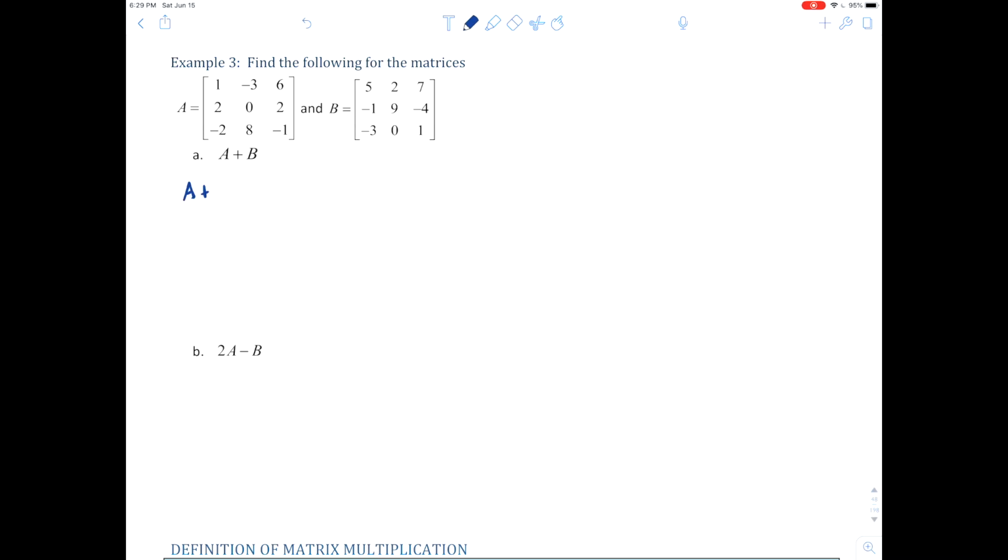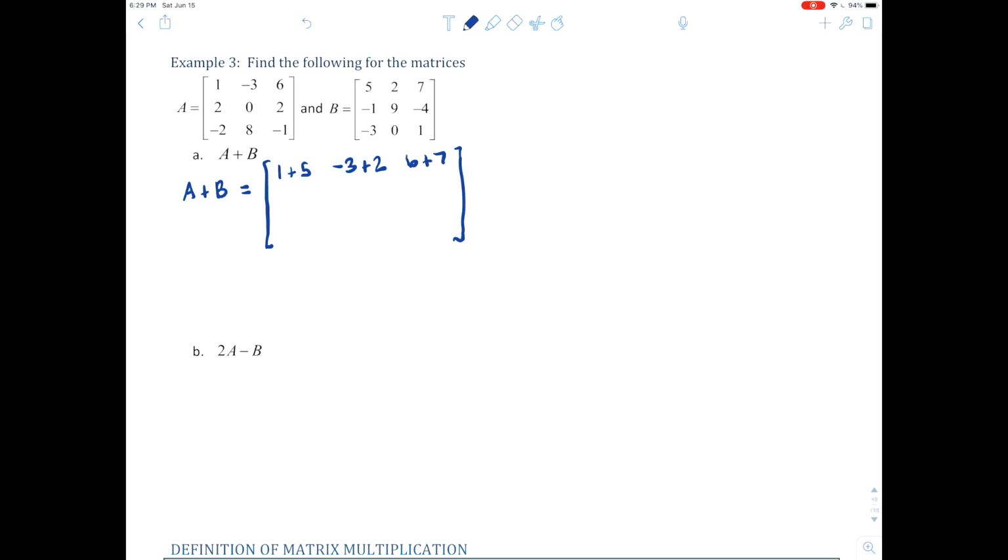All right? So A plus B is equal to, by definition, what do we do? Beautiful. We add the corresponding entries. So we'd have 1 plus 5 for the first row, first column entry. We would have -3 plus 2, 6 plus 7, and that takes care of the first row.